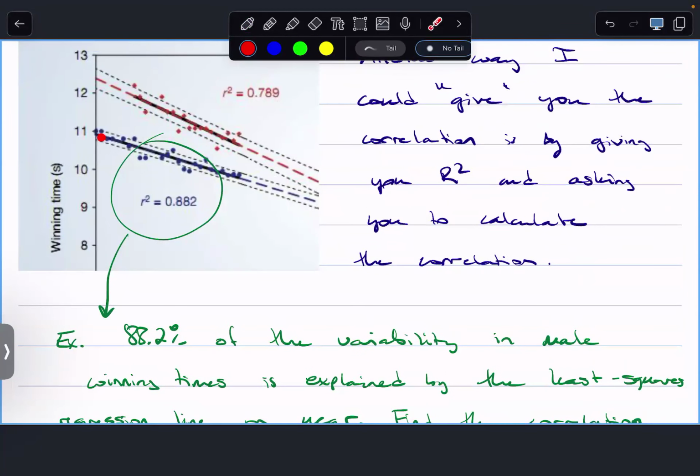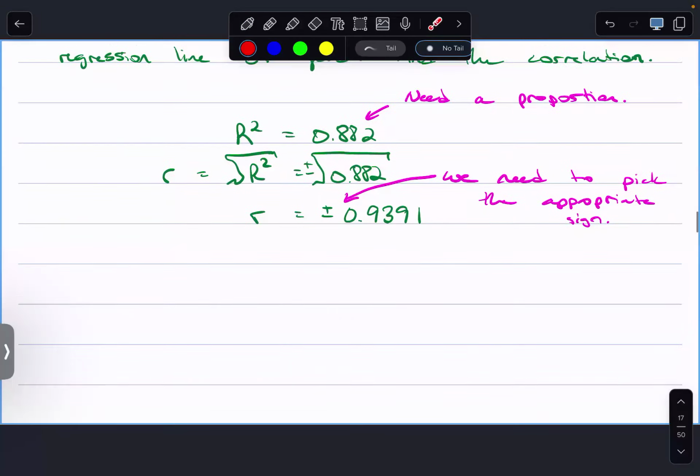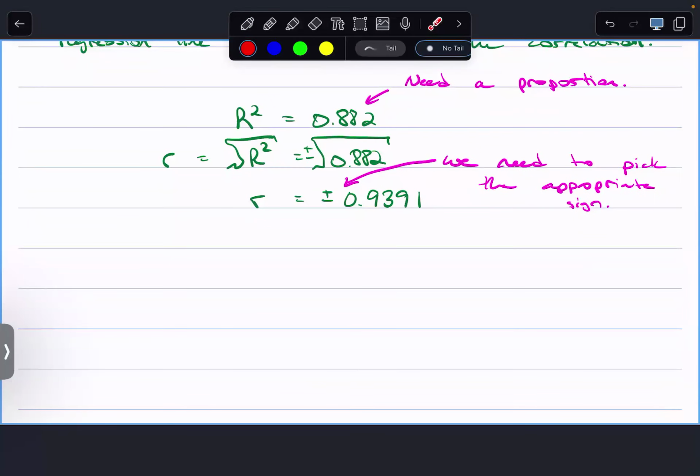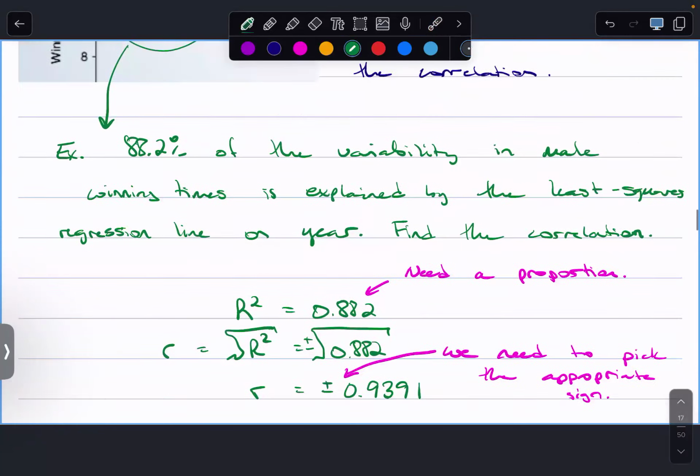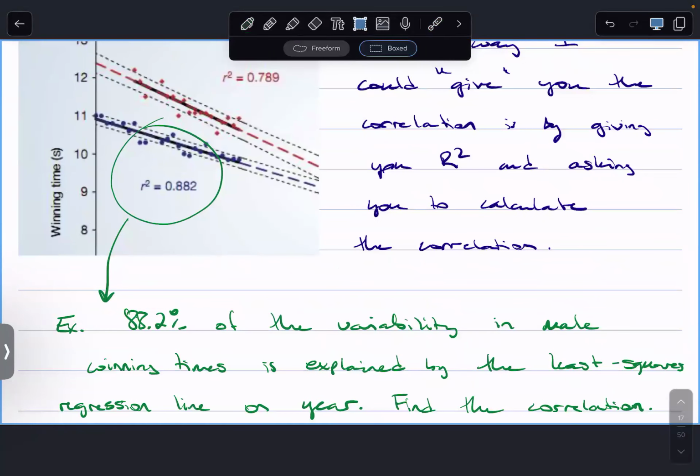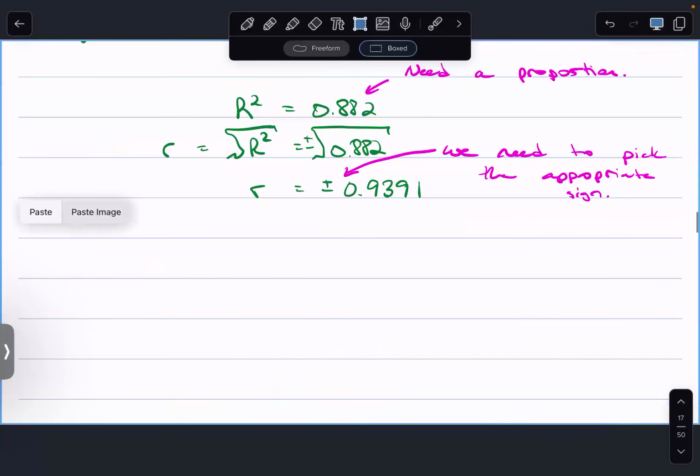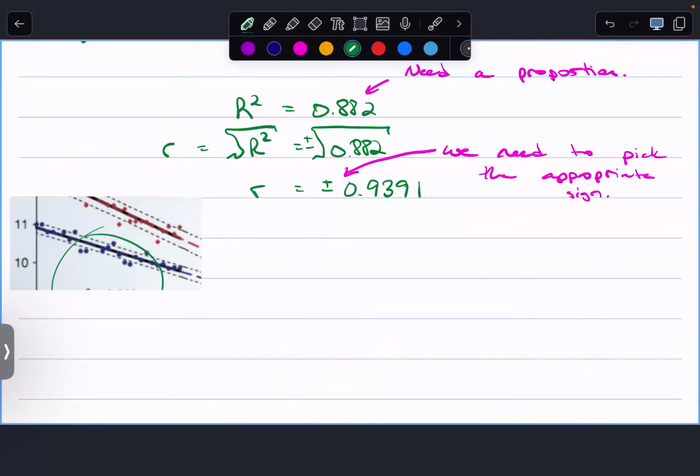From here, we see that we have a negative relationship, which has to be reflected in our correlation. This is a negative relationship.